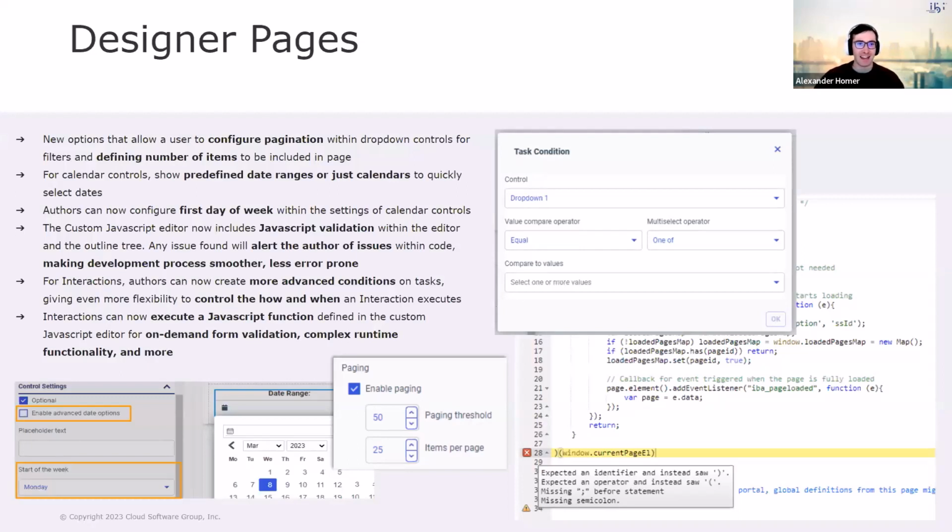Additionally, interactions can now execute user-defined JavaScript functions. So you could use the JavaScript editor that's part of the page, create your own function, and then reference that function from an interaction. That opens up so many possibilities in terms of how users can interact with your page.